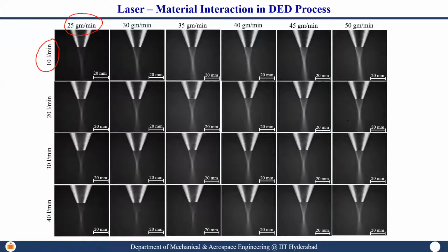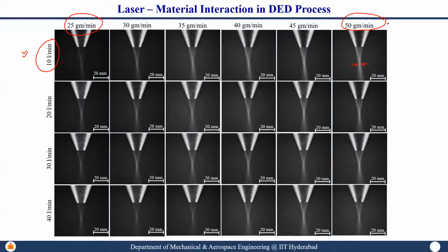Now for a simple understanding, let us go to the higher values so that it is predominant, like it will be very significantly visible. Now if you see, when I'm using 50 gram per minute and 10 liter per minute, which essentially means minimum kinetic energy is provided, this is the powder's footprint diameter.